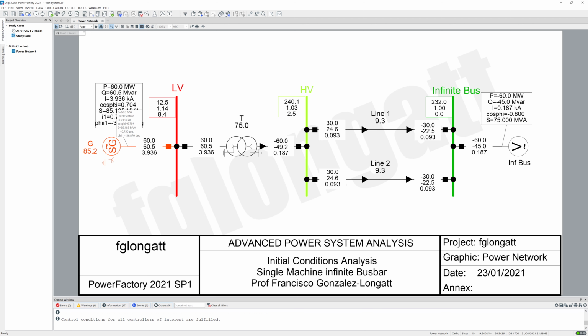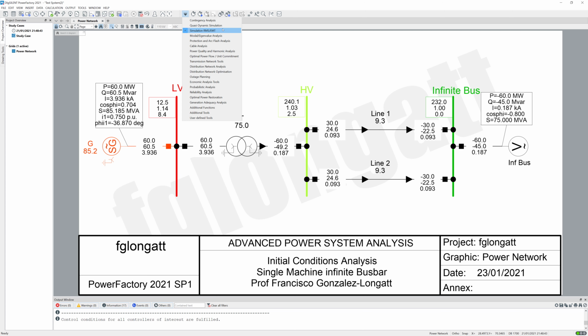Okay, but the important thing here for you is that you must be aware that we are working in steady state conditions. If we want initial conditions, then we need to start to work with a new calculation function inside PowerFactory, okay? And that calculation function is here.